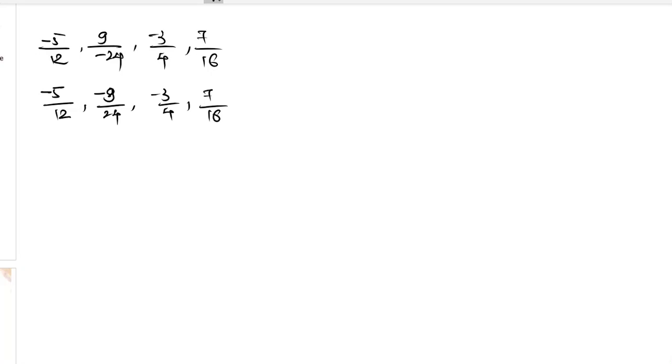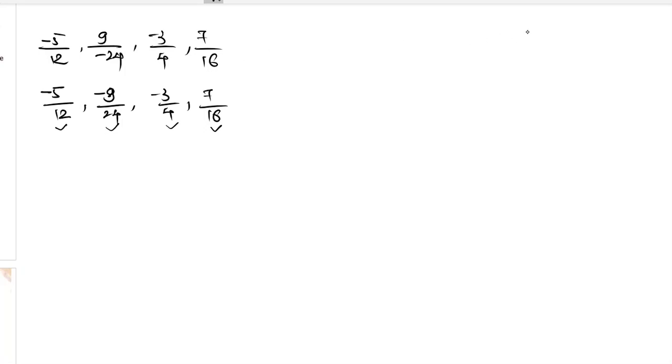Second step, I will take the LCM of all the denominators. So I have to take the LCM of 12, 24, 4 and 16. Now if you're good at maths, you can take the LCM orally, and I can see here the LCM is 48. 12 4s are 48, 24 2s are 48, 4 12s are 48 and 16 3s are 48.